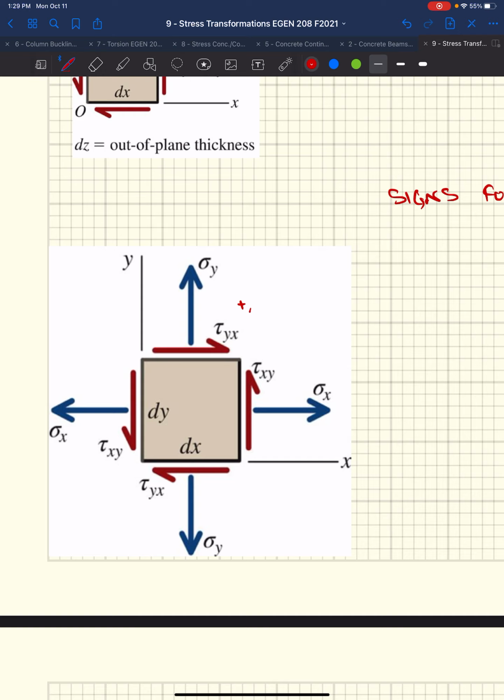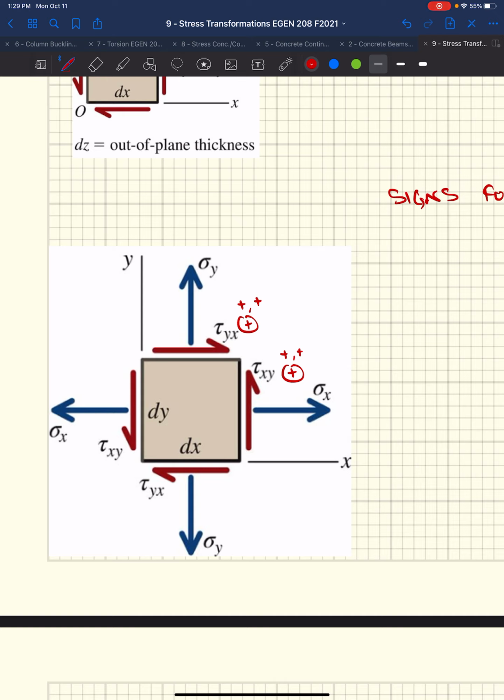It's acting in the positive x direction, so this stress is positive. If we look at the x face, this stress is acting on the positive x face. It's acting in the positive y direction. It's also positive. Positive, positive, positive.